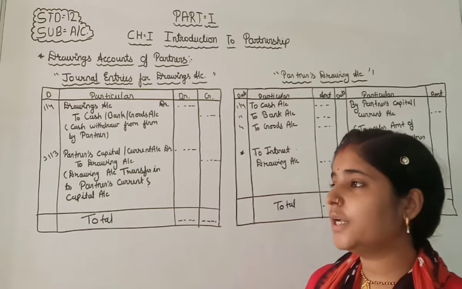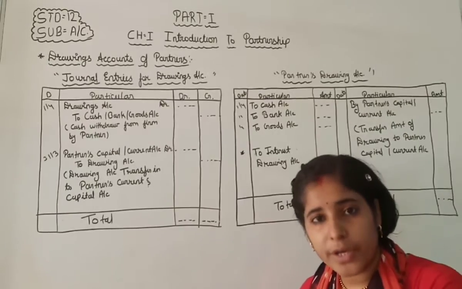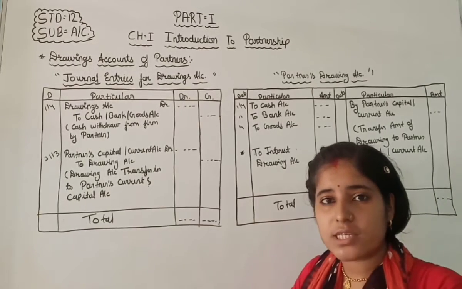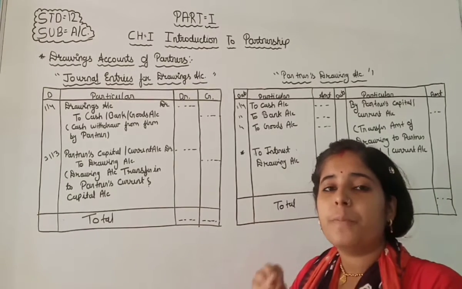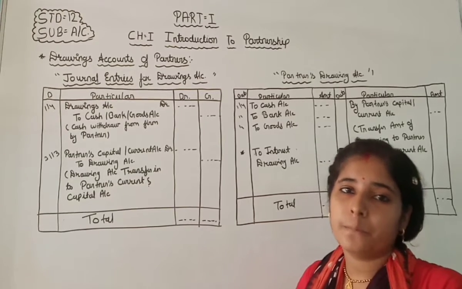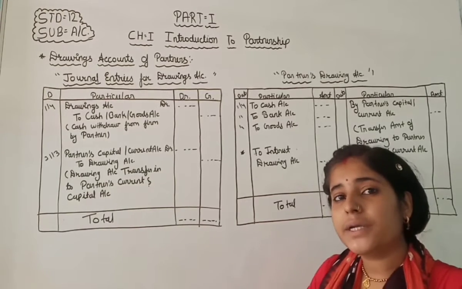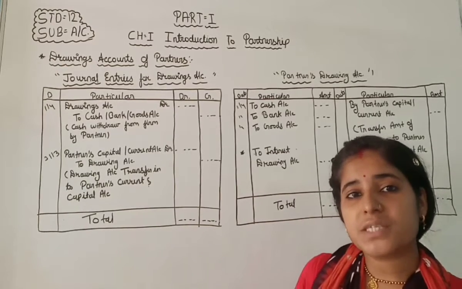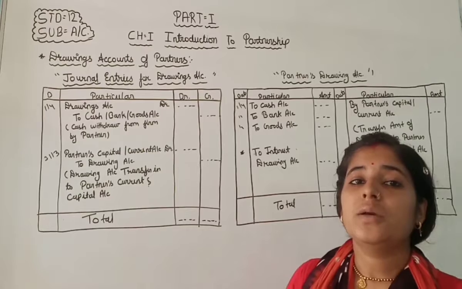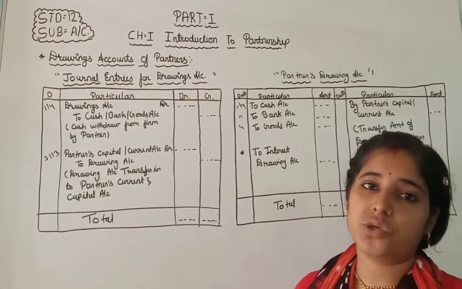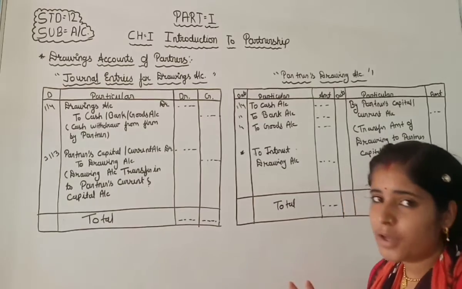So here it is called drawing. Drawing account is always debited in the partnership firm, because it is a loss for the business, because partners are taking capital from the business not for business purposes but for personal use.